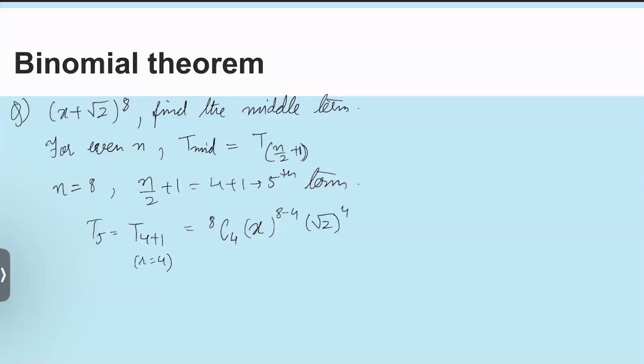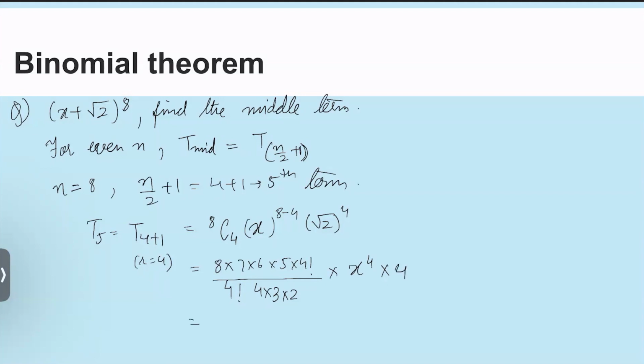Okay, so what we get now is 8 into 7 into 6 into 5 into 4 factorial upon 4 factorial into 4 factorial, just expand it. Multiplied by x raised to 4, and root 2 raised to 4 is going to be 4, because root 2 squared is 2, 2 into 2 is 4.